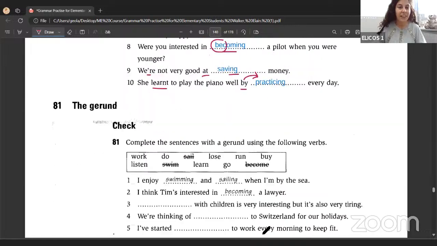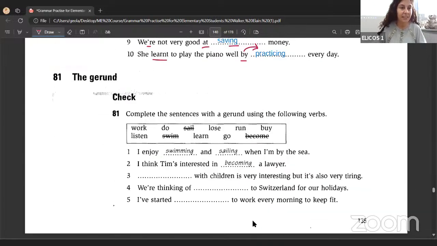Okay, so let's go now to the gerund again. We know the gerund. It just means you have the ing to the action. So here are some verbs: work, do, lose, run, buy, listen, learn, go.